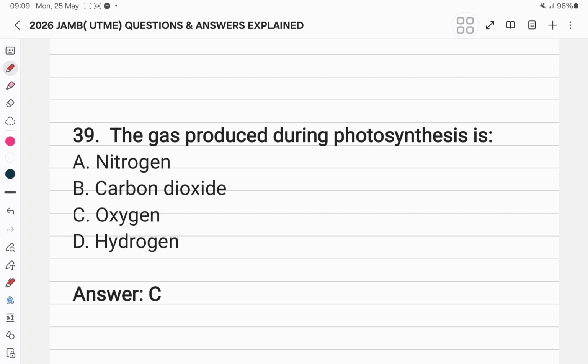It's a byproduct. Photosynthesis is the process by which green plants make their food, which is commonly known as glucose. And it is represented by this equation. This is the equation of photosynthesis.